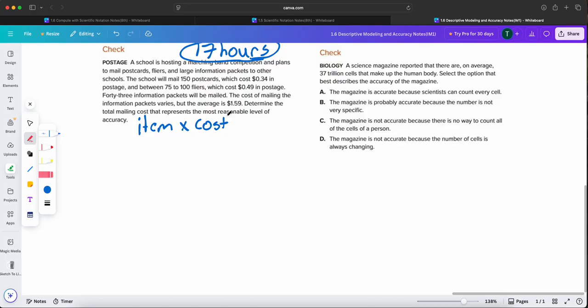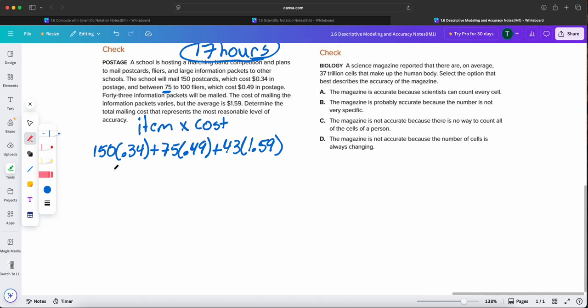So for our postcards, we're doing 150 items times its cost, which is going to be 34 cents. Plus, like I said for the flyers, for the first one, I'm going with the low, so 75 times its 49 cents. Plus our 43 information packets, which are $1.59.